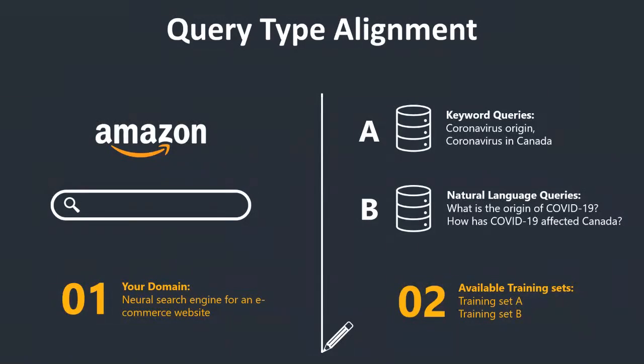Hence, to satisfy query type alignment, you would select a training set that consists of keyword type queries. In this case, it would be training set A. Now, it is worth emphasizing that queries can only be categorized as either keyword or natural language type. This really simplifies the dataset selection process.